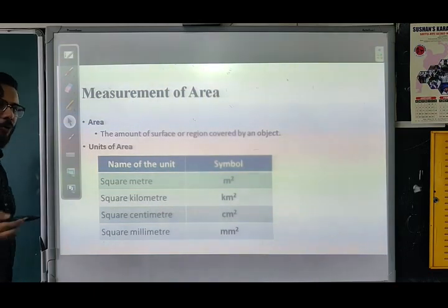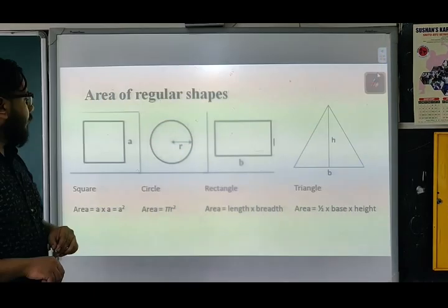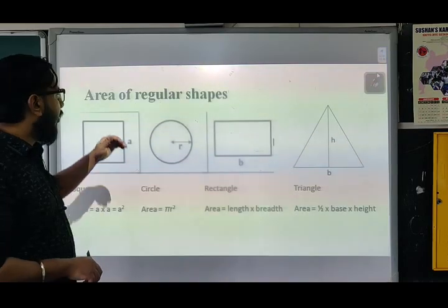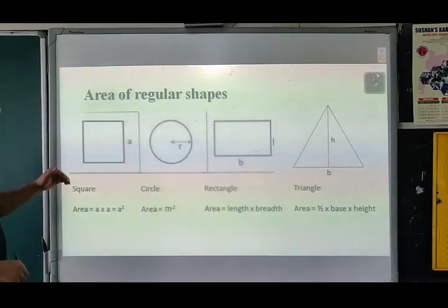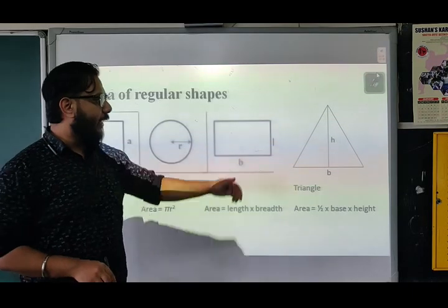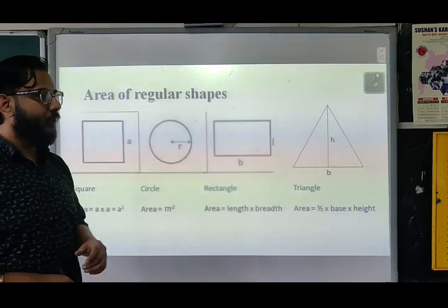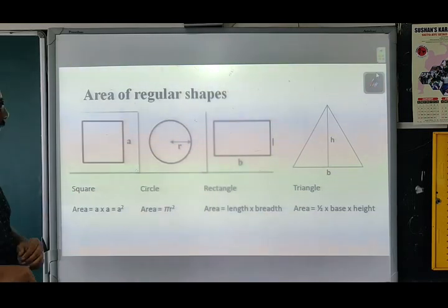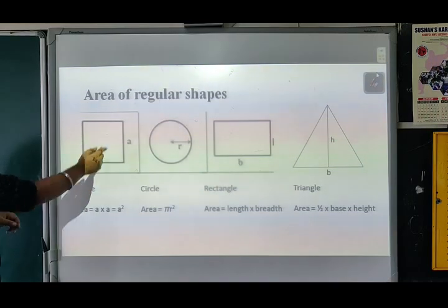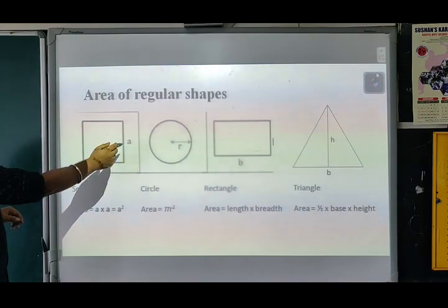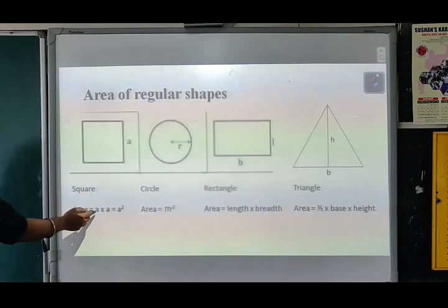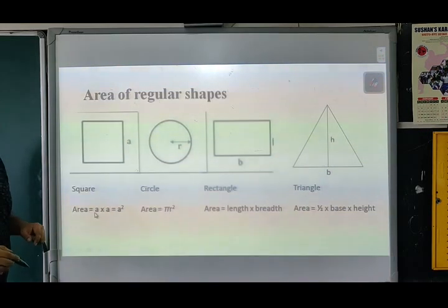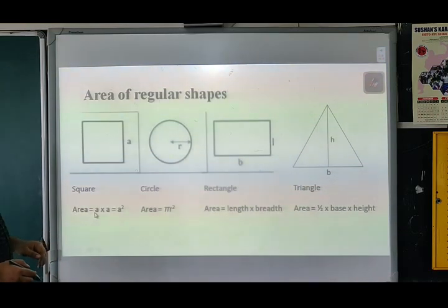Now let's look at how we calculate area. For calculating the area of regular shapes, that is your square, circle, rectangle and triangle, and other shapes are also there, but for now in your class we just need to know these 4 shapes. The area of a square is side into side. We have taken the side as A, that is A into A, which we write as A square.